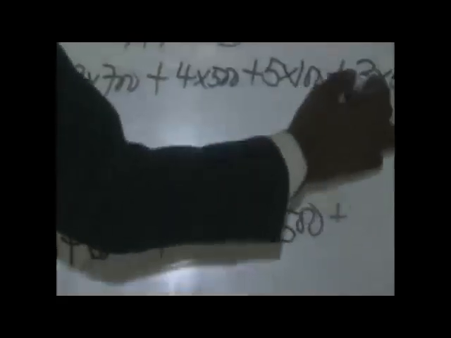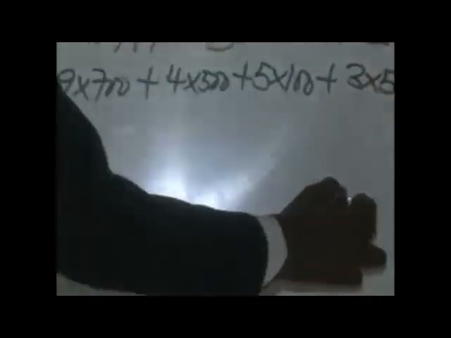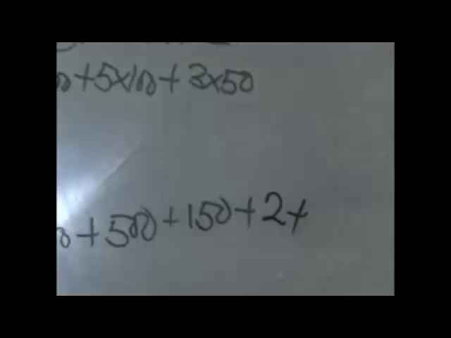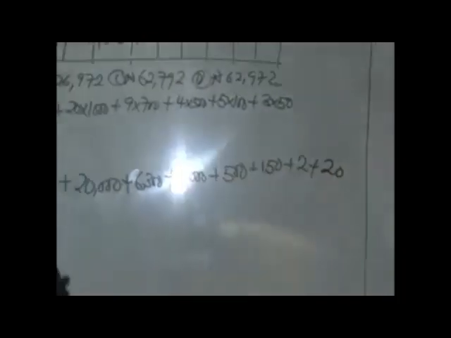Alright? This times this will give me what? 500. You have to go through gradually so that you'll be sure we don't make any mistake. 5 times this will give us 150, plus 1 times 2 will give us 2, and finally 2 times 10 will give us what? 20. Alright? Okay? So that's it.